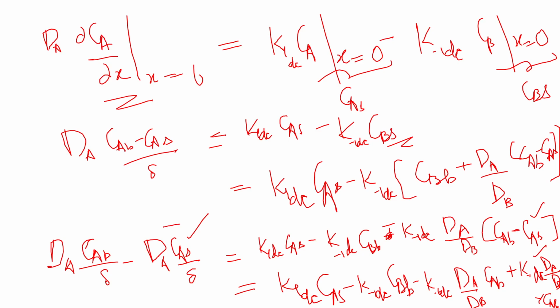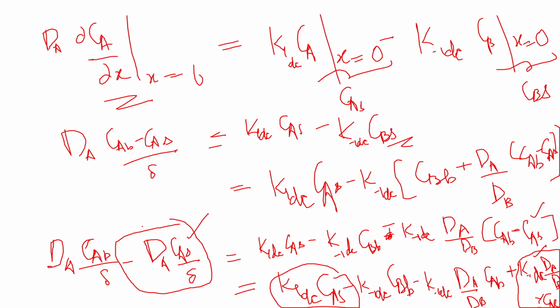So there is one term with CAS and one term over here with CS. This term is also in CS. I took everything to the right, and one more here. All these terms are with CAS. So that will give me dA by del plus K1 DC plus K minus 1 DC into dA by dAB on one side into CAS.